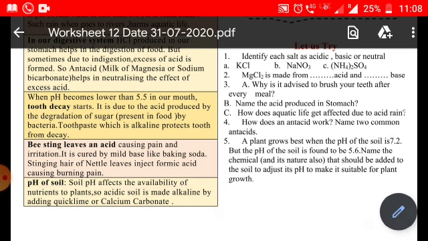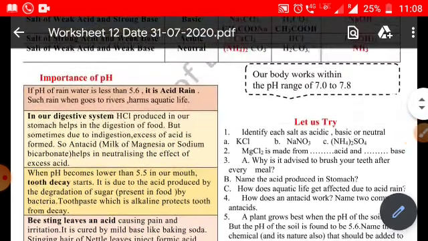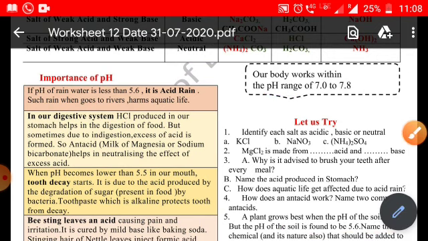After that, we are going to take some of the questions. The pH range in our bodies works within 7.0 to 7.8. This is the pH range for optimal action of the body.